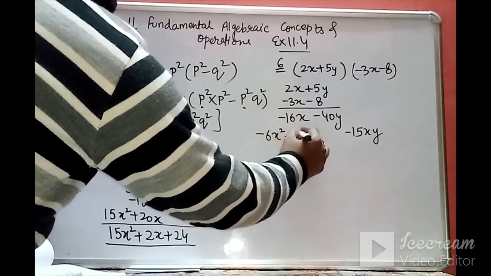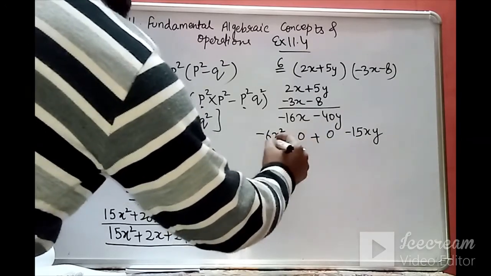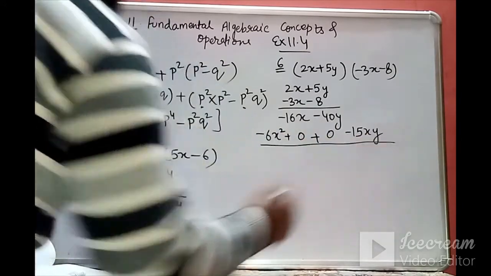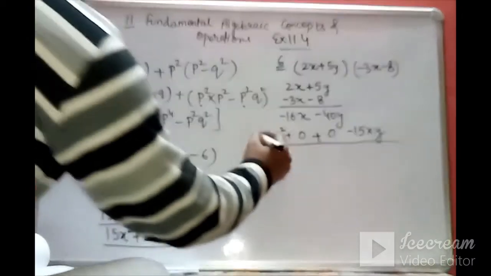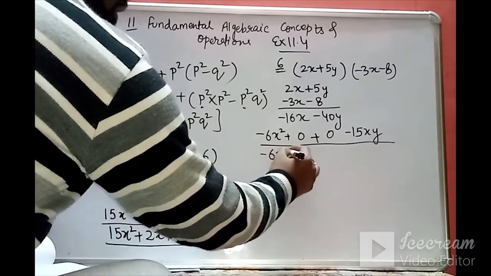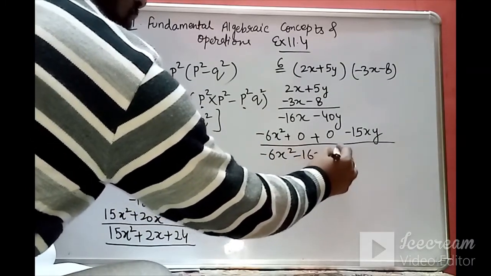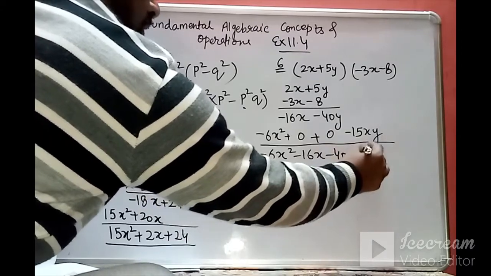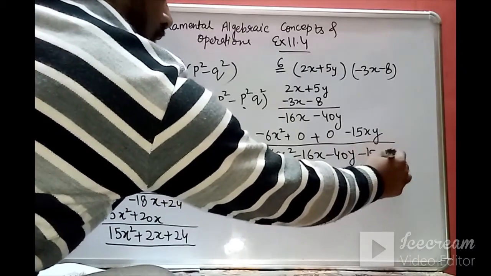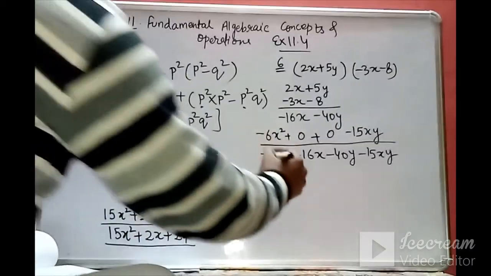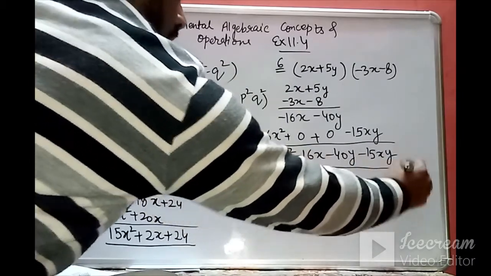So if you want, you can write 0 here for your better understanding. So what it will give us: minus 6x square minus 16x minus 40y minus 15xy. Okay, so this will be our answer.